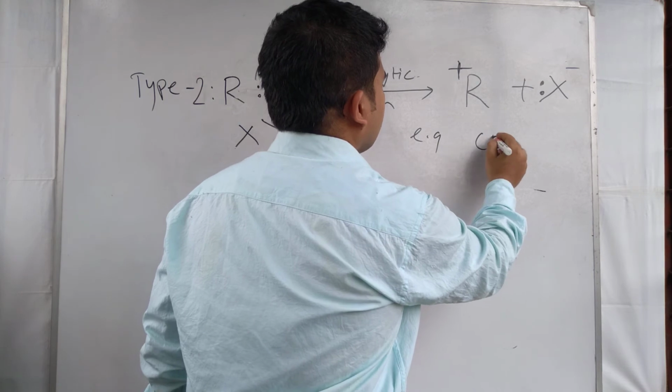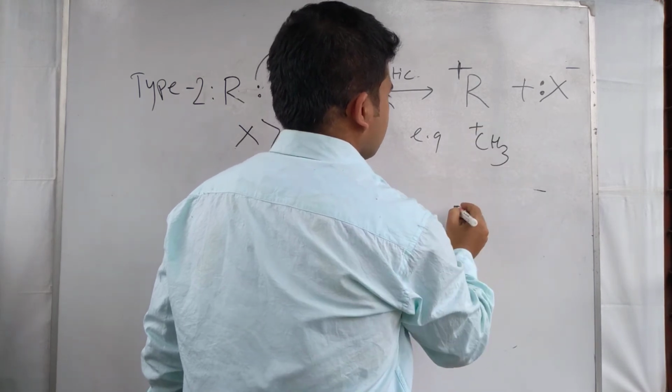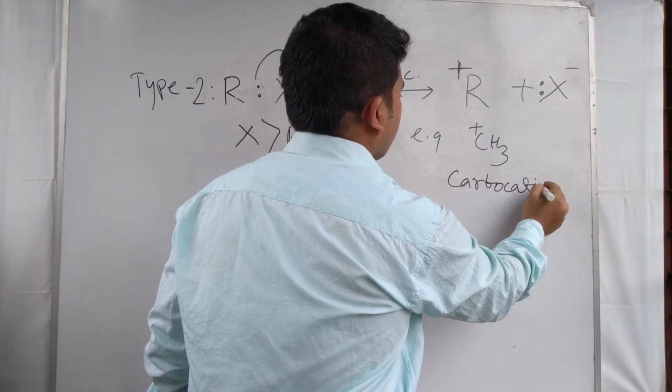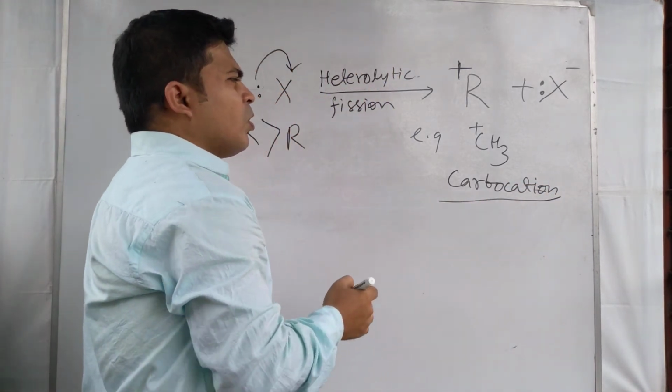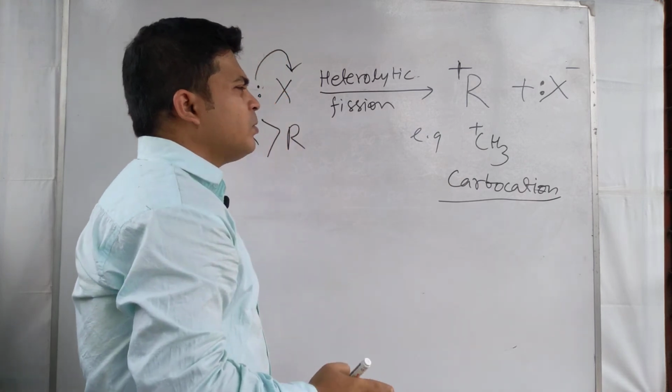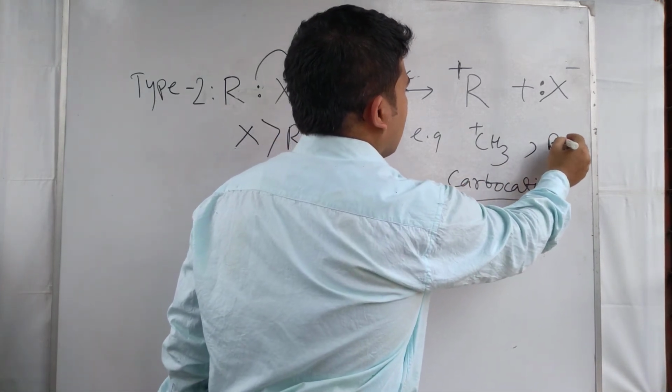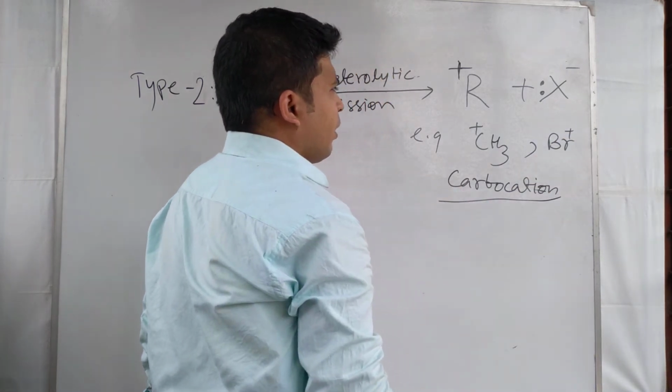Example CH3 plus is called carbocation, because here carbon is bearing positive charge, and in this same mechanism Br plus may be generated.